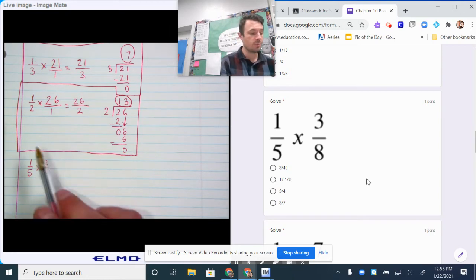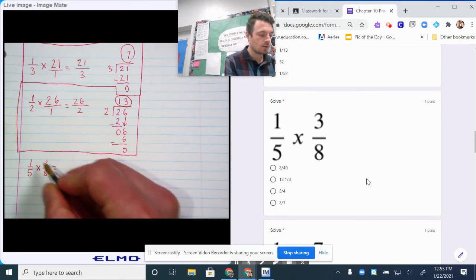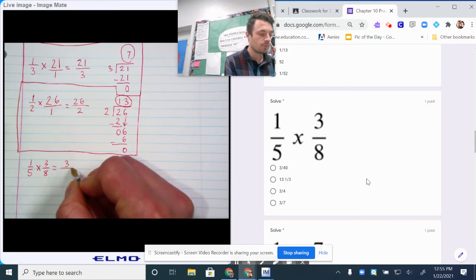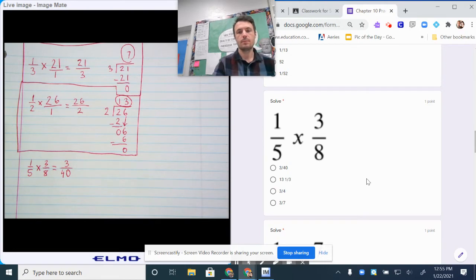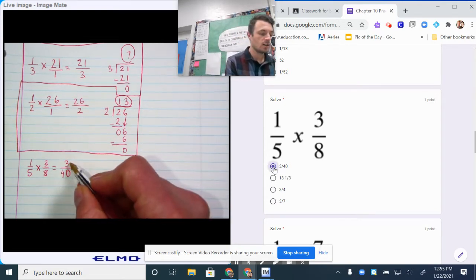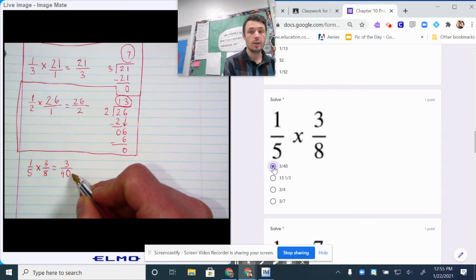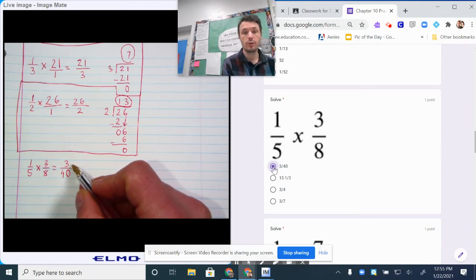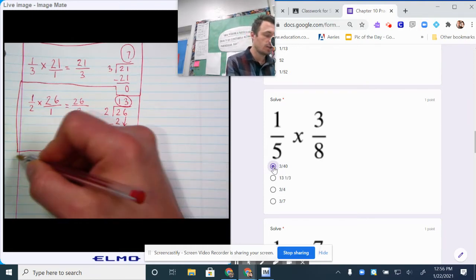All we have to do is multiply our numerator times our numerator and our denominator times our denominator. 1 times 3 is 3. 5 times 8 is 40. Okay, and we see that right here, 3/40. It's already in simplest form because 3 can't divide evenly into 40, and since 3 is a prime number, there won't be any other GCF.